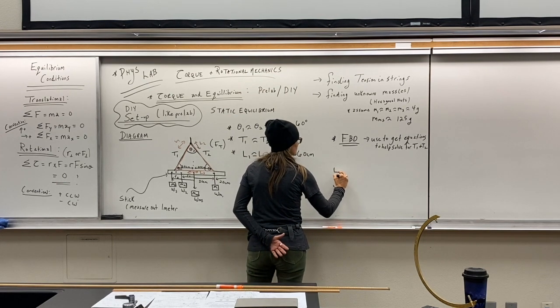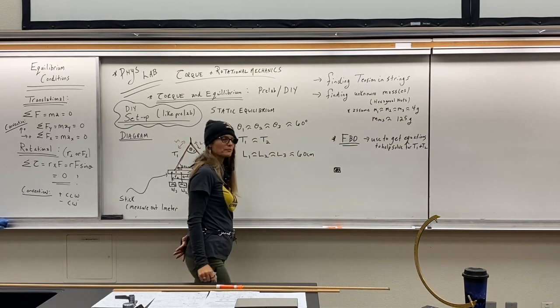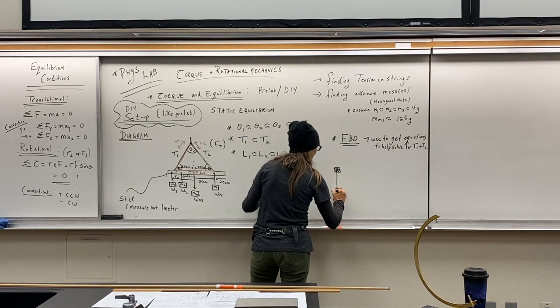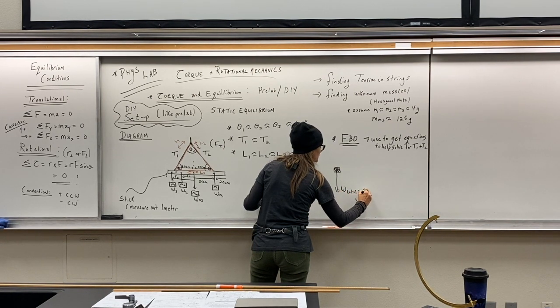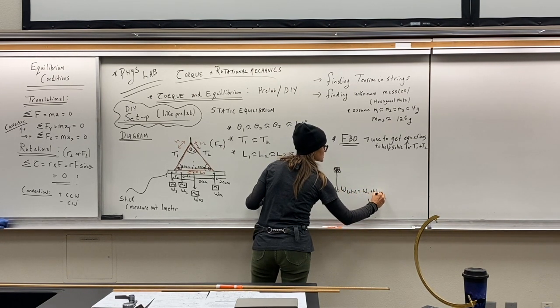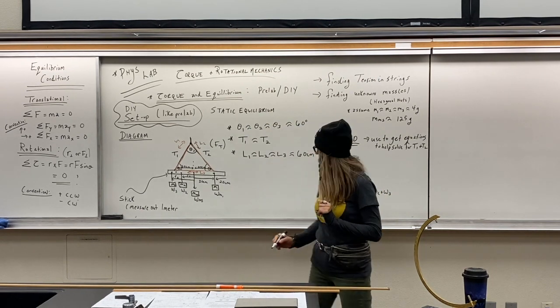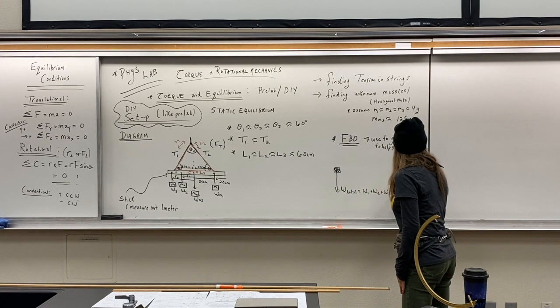I'm going to condense my meter stick into just a little bit of mass right there. And what I have here is the total weight, which equals weight 1 plus weight 2 plus weight 3 from the 3 individual masses of the nuts, plus the weight of the meter stick.